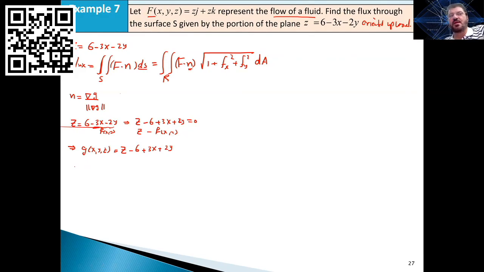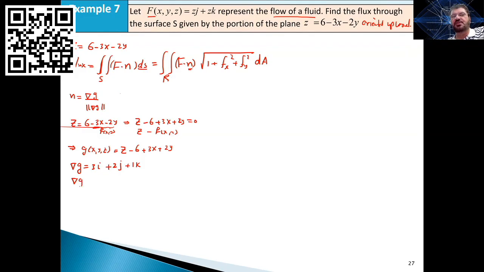That's g. What's the gradient of g? It's the partial derivative with respect to x, which is 3i, plus the partial derivative with respect to y, the derivative of 2y is 2j, plus the partial derivative with respect to z, which is 1k.